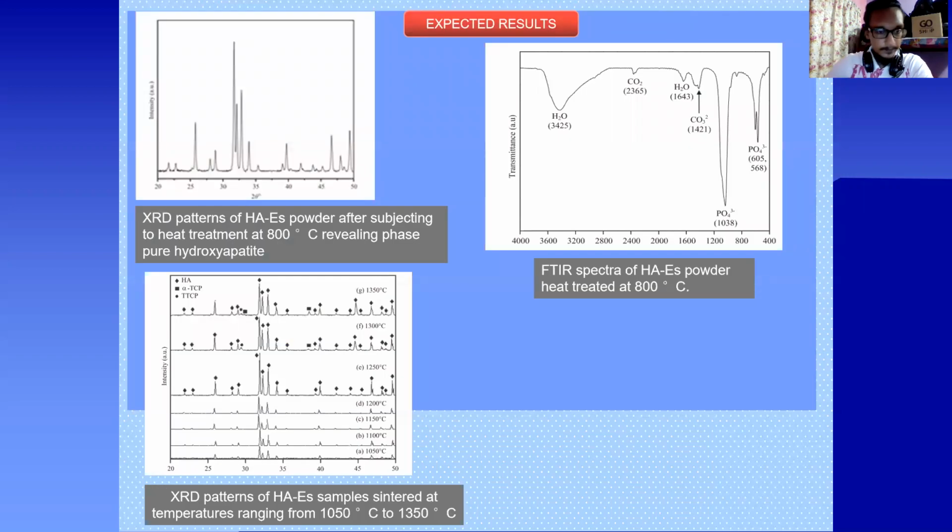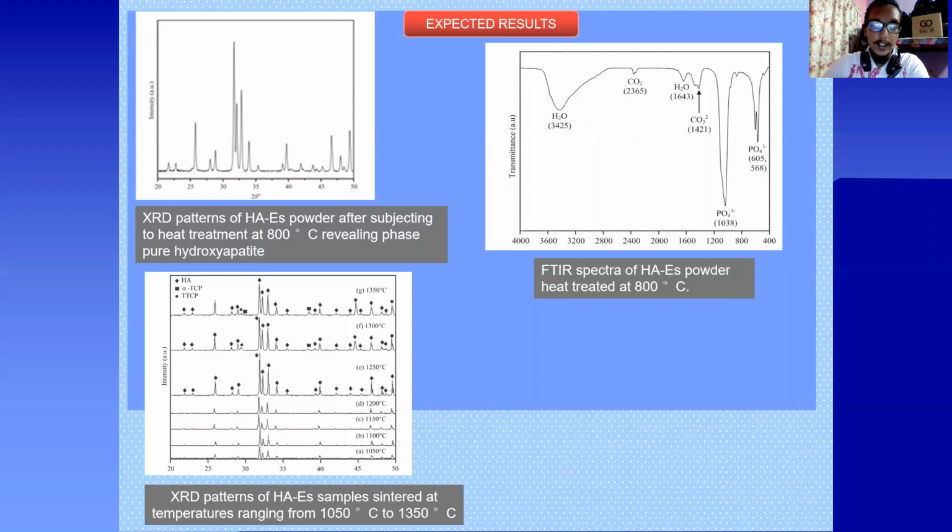Okay, so these are the expected results. The first diagram on the left shows the XRD pattern of HA powder after heat treatment at 800 Celsius, revealing phase pure hydroxyapatite. The figure below shows the XRD pattern of HA samples sintered at different temperatures ranging from 1050 Celsius to 1350 Celsius.